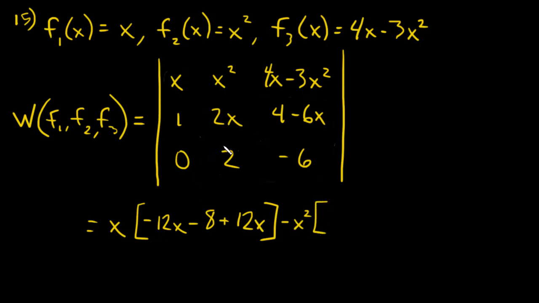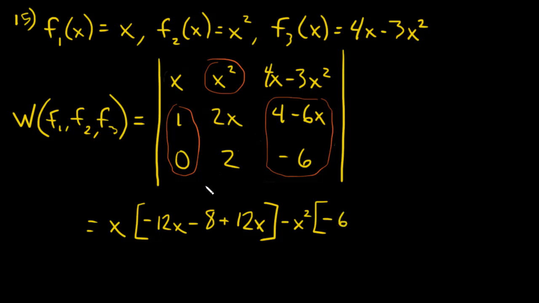Alrighty, so moving on. You subtract the middle one, so minus x squared times the subdeterminant. Now the subdeterminant is going to be, I'm going to use a different color. So it's going to be this term times the little subdeterminant given by these guys. So I'm going to have 1 times negative 6, so negative 6, minus this times this. Well, this times this is 0, so I can just close up right there.